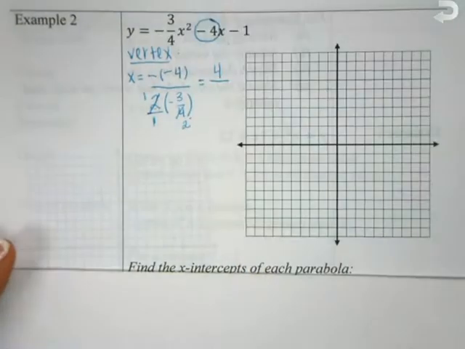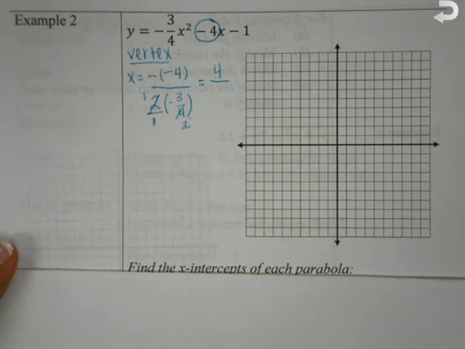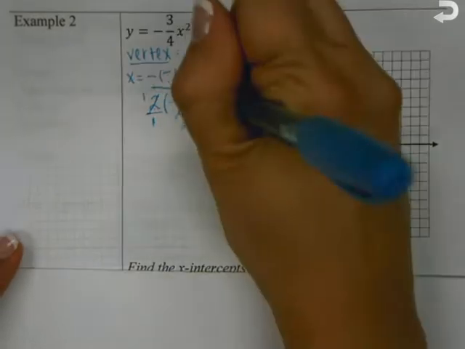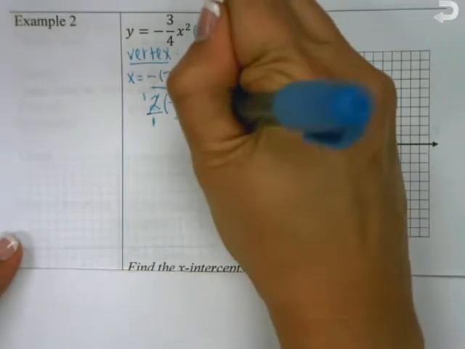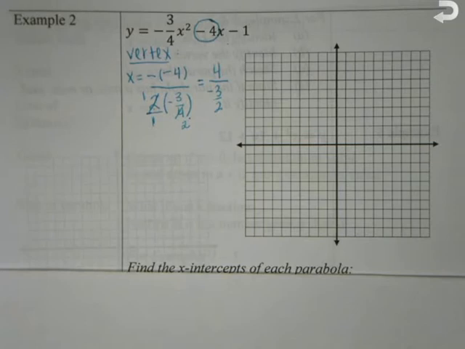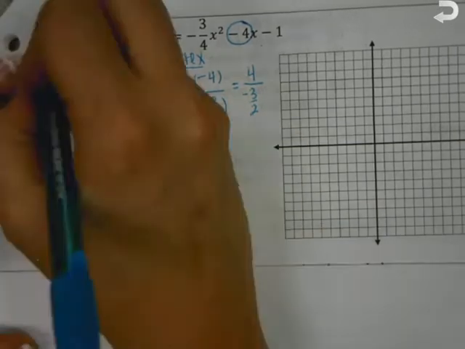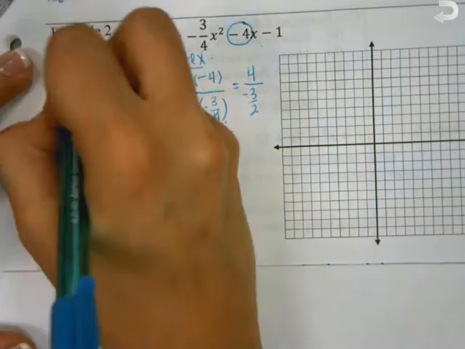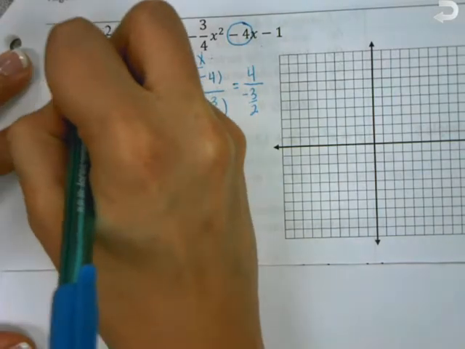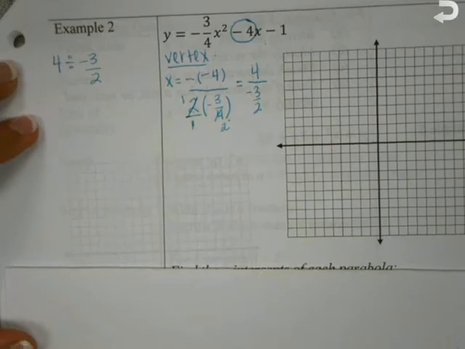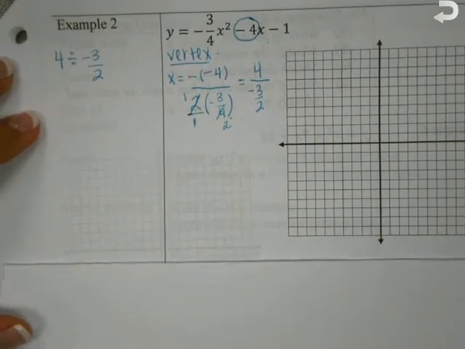Okay, so I'm going to do a little bit of scratch work on the side. This is the same as saying 4 divided by negative 3 over 2, right? How can you have a fraction in a fraction? Just watch. Does everybody agree that this is the same as this? Okay. Now when I am dividing by a fraction, think back all the way to elementary school.